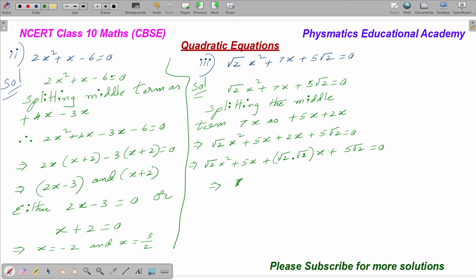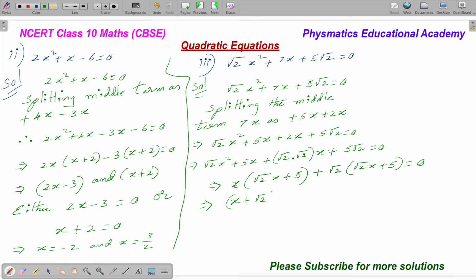That implies take x as common, root 2 x plus 5, plus root 2, if you take common, root 2x plus 5 is equal to 0.